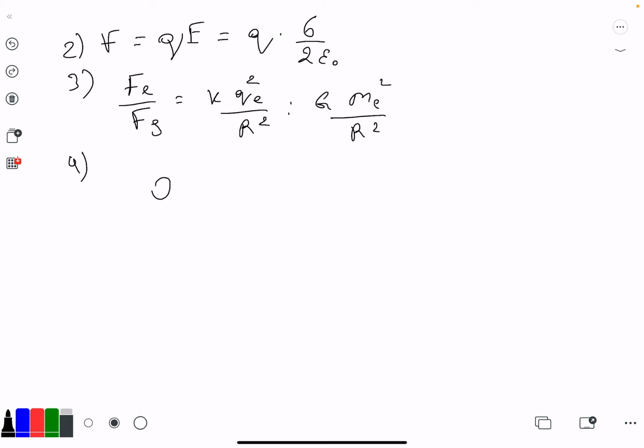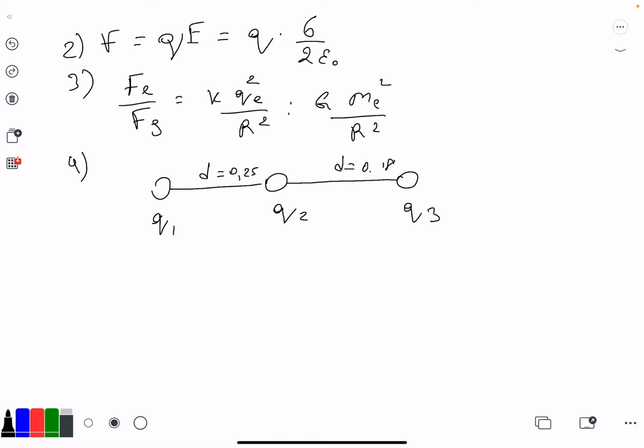So here we have Q1, we have Q2, we have Q3. The distance of this one is 0.25. This distance is equal to 0.18.